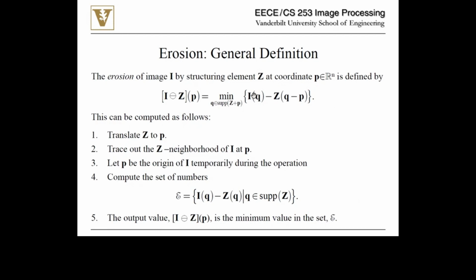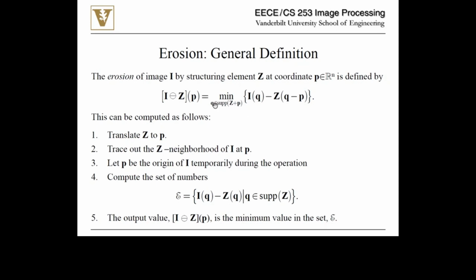The formula means you keep the image fixed. Then you take every point P in the support of the input image, and for every point P, you compute the support of the set displaced to P. That will give you the points Q. Then you compute the kernel, or the structuring element, evaluated at Q minus P, and then you subtract it from the image.